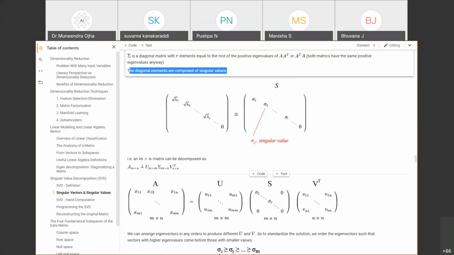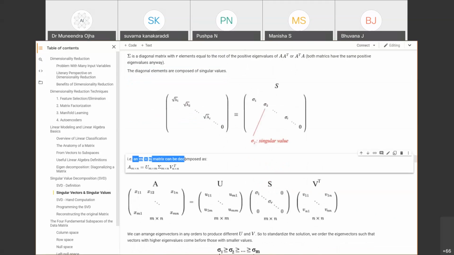Now an m by n matrix A can be decomposed as U, m by m, sigma, m by n, and V transpose, n by n.